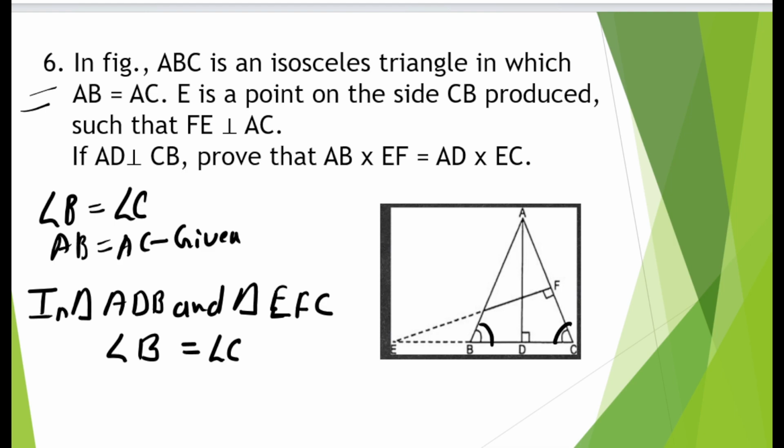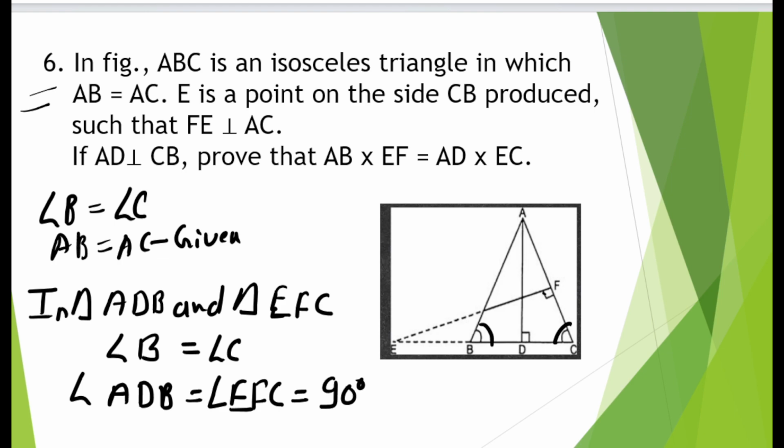And we know that angle ADB equal to angle EFC equal to 90 degrees.